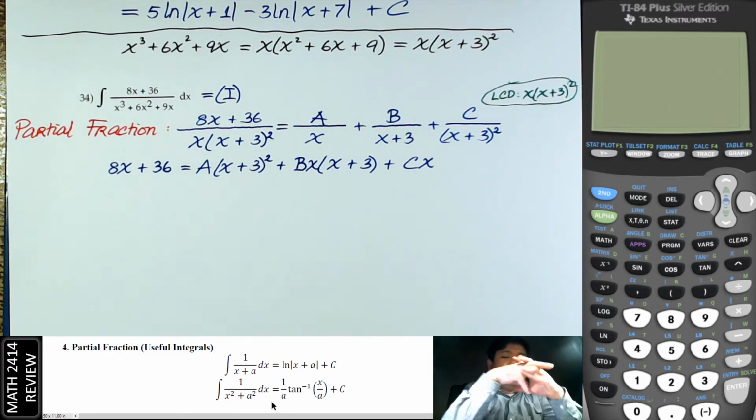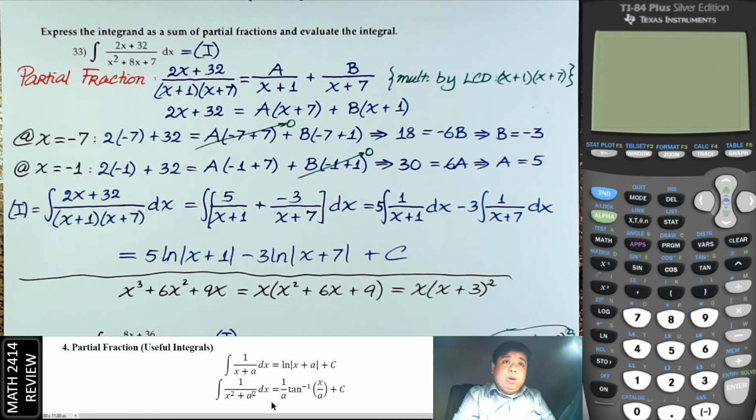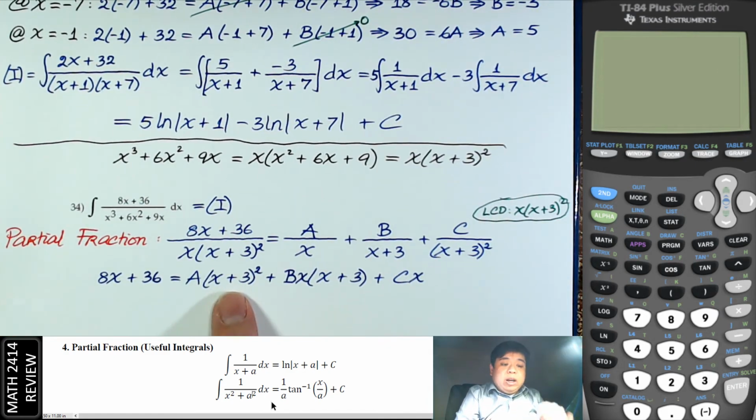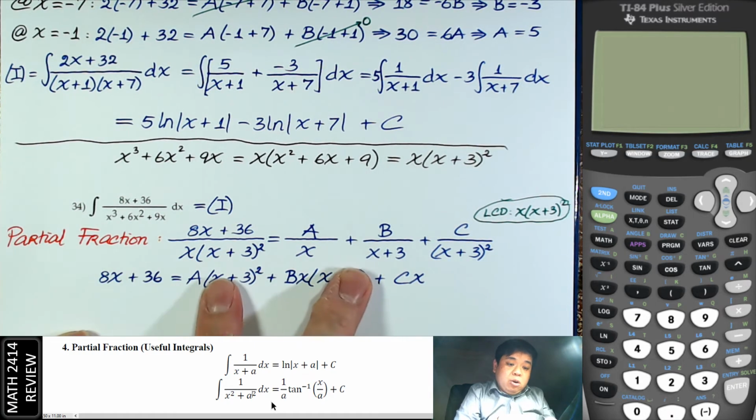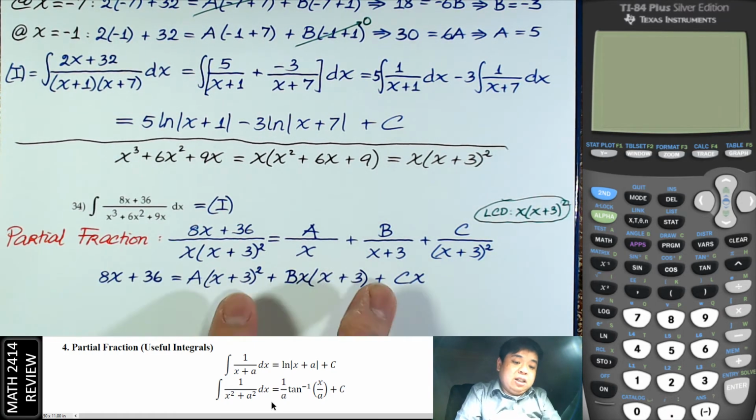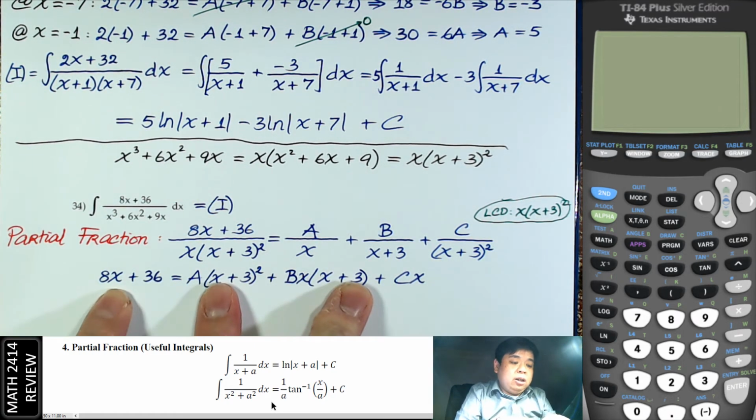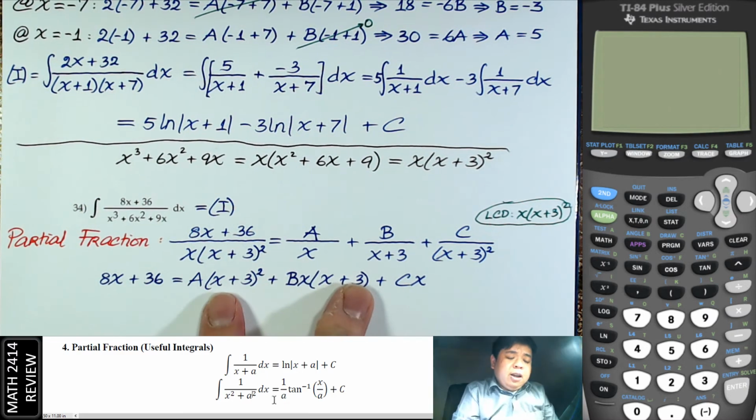Now unlike this one, we have the repeated factor. So this one, if we choose x to be negative 3, of course those are gone, we can solve for c easily. If x equals negative 3, negative 3, negative 24, 12, negative 3, so c is negative 4. That's easy.